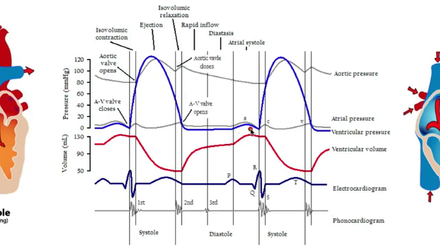That is when the atria are contracting, and that is why we see that increase in pressure as a result of the depolarization of the atria. So once again, the P wave represents atrial depolarization. That is going to cause atrial contraction, or as you can see here, atrial systole.